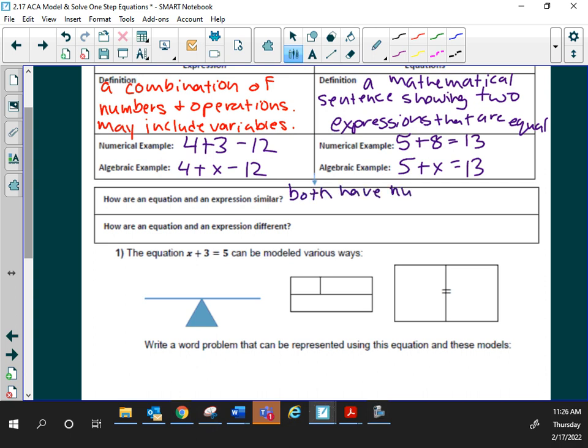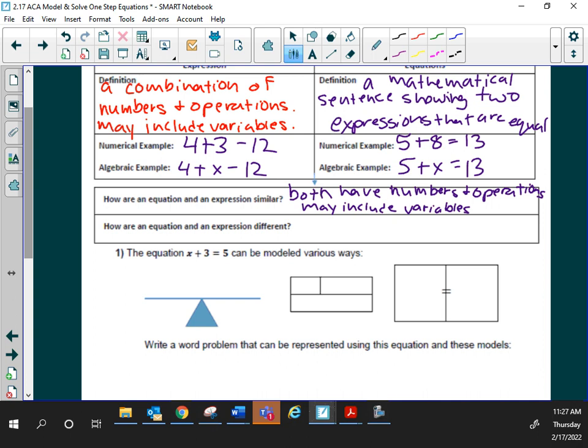They have numbers and operations, and may include variables. Pause and play if you need to at home.